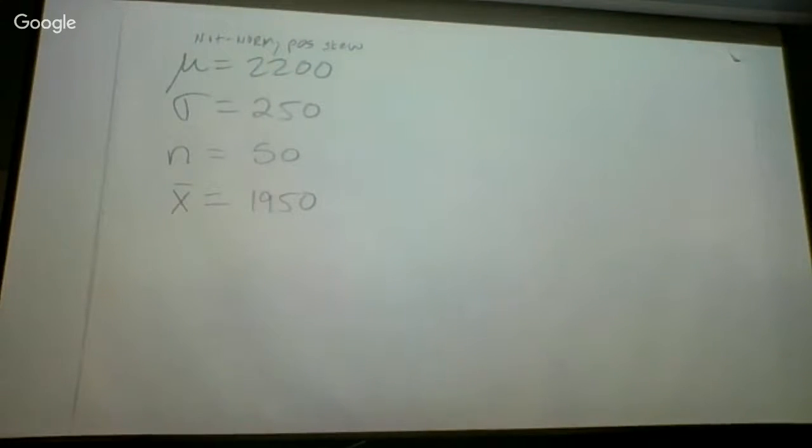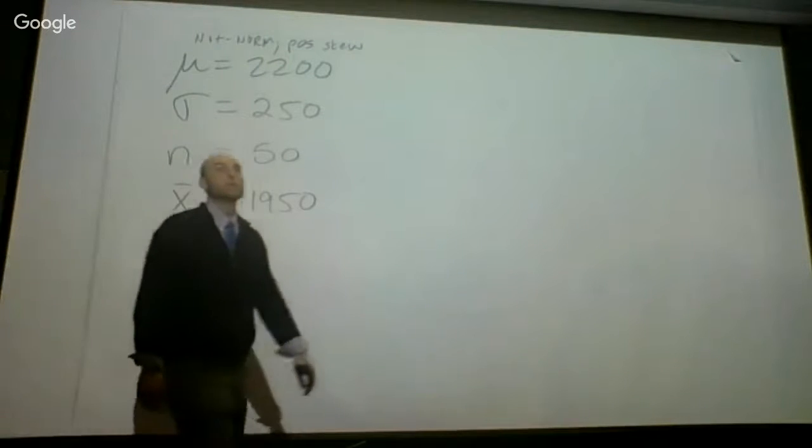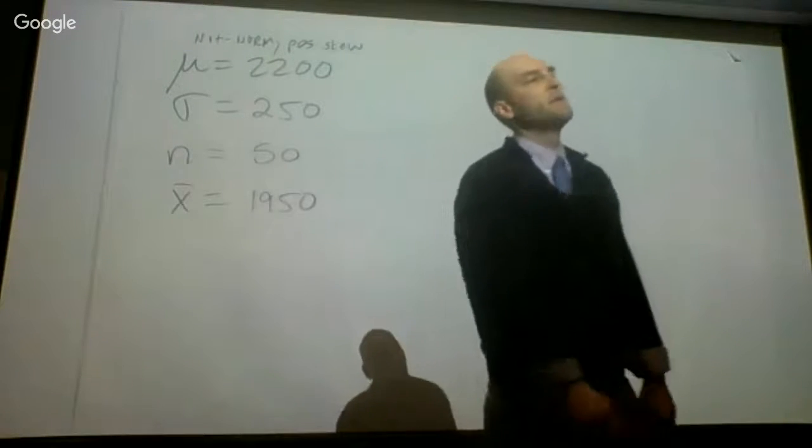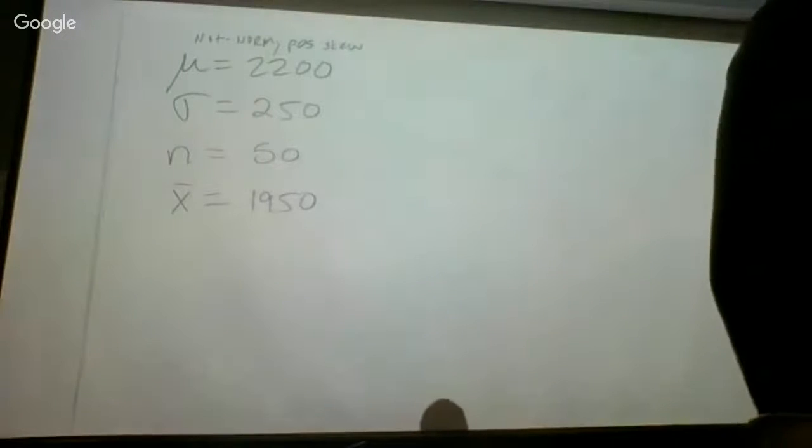So that's the information that we're provided about this problem. The mean is 2,200, it's positively skewed with a standard deviation of 250.